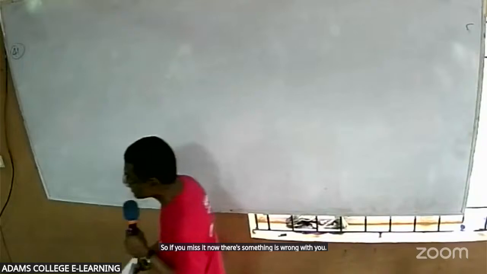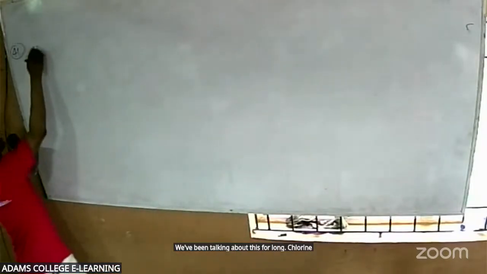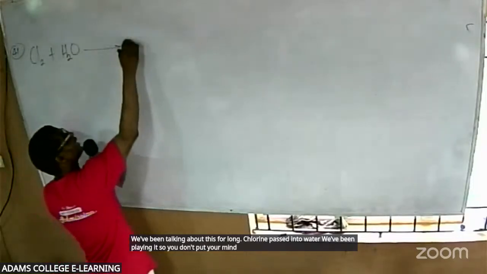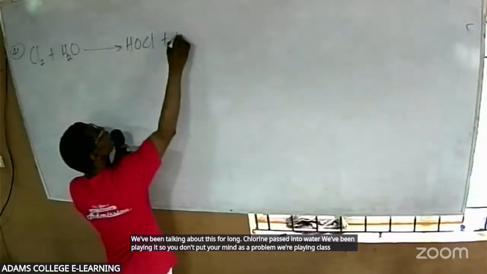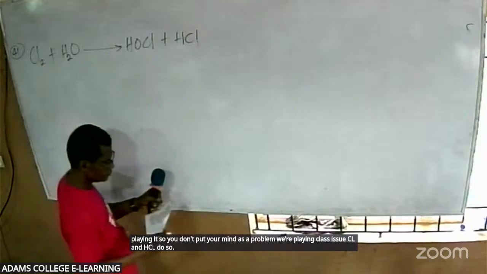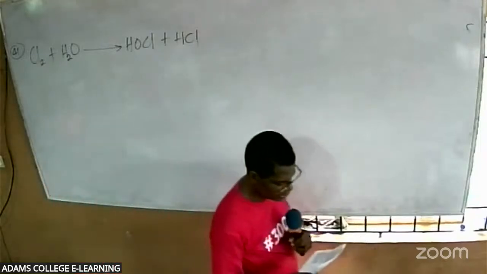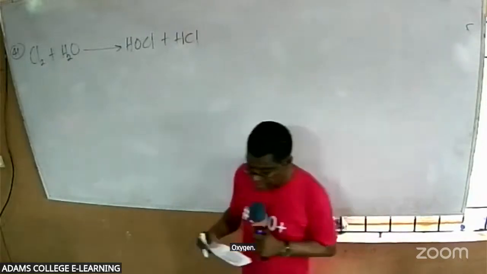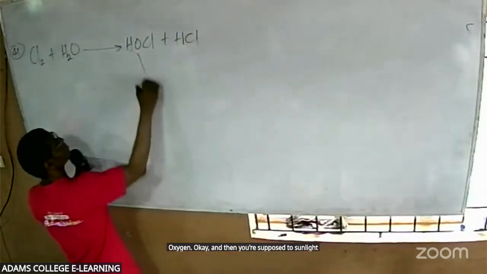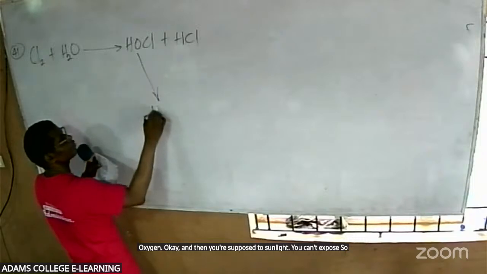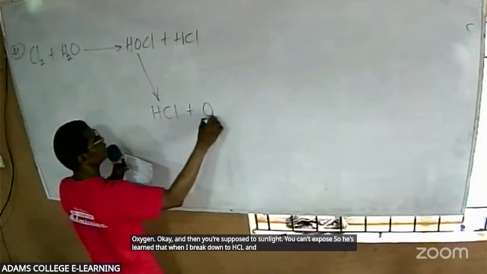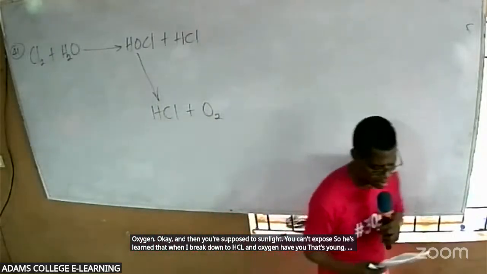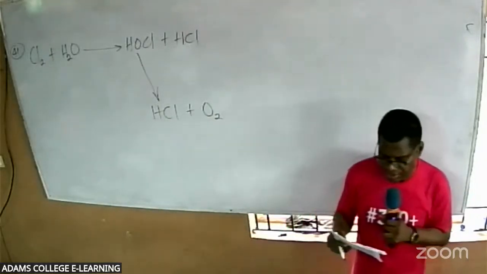We've been talking about this for long. That's the problem, we play in class. Chlorine passed into water gives HOCl and HCl. Then exposed to sunlight, the HOCl would break down to HCl and oxygen. So the answer is chlorine, hydrochloric acid, and oxygen.